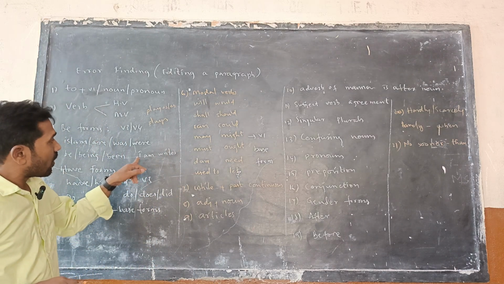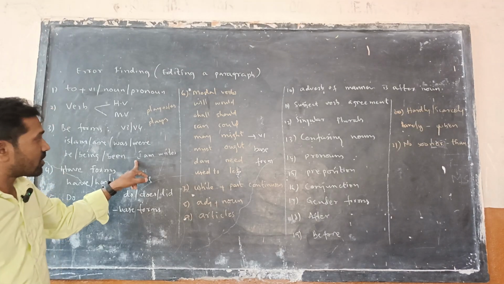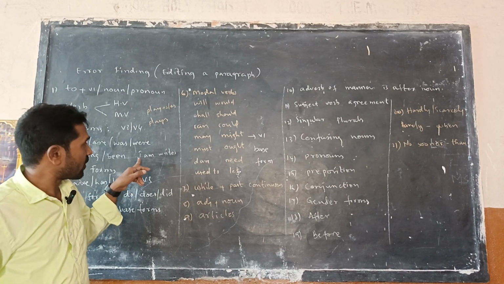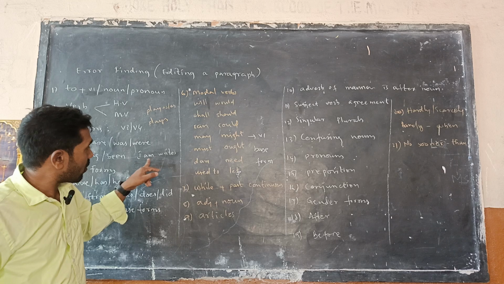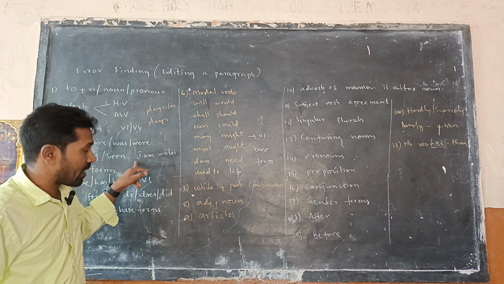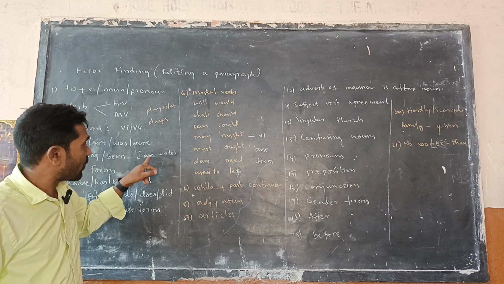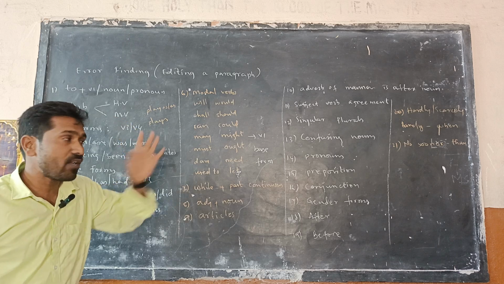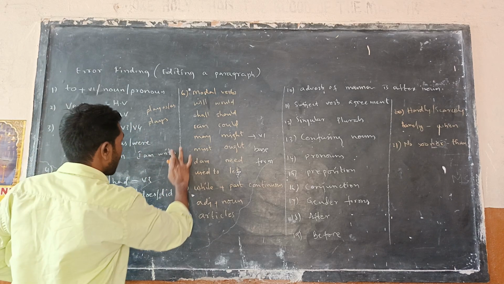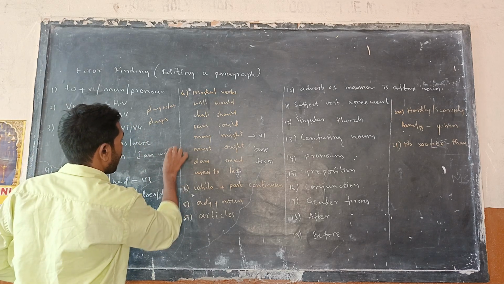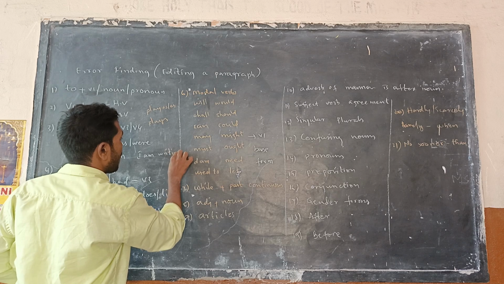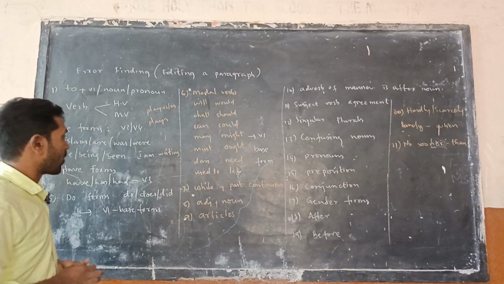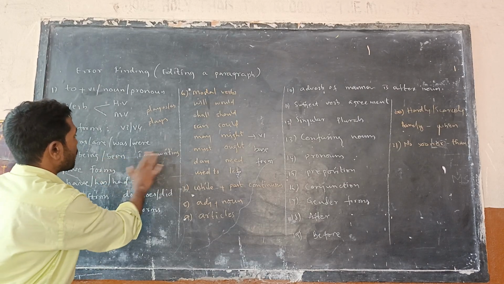Here the subject I is performing the activity, that means it is active voice, and in active voice after be forms there should be only V4. Here it is not "writes", it should be "writing". So this type of technique you can use.